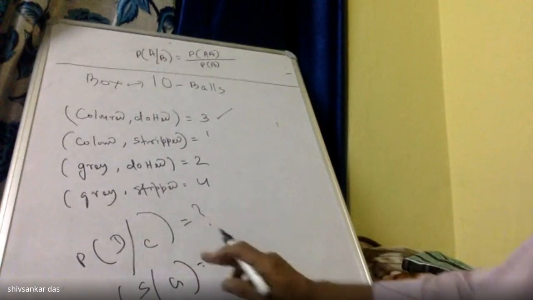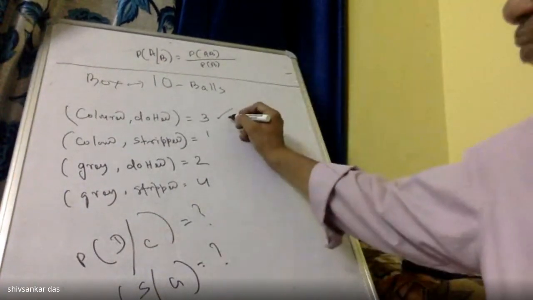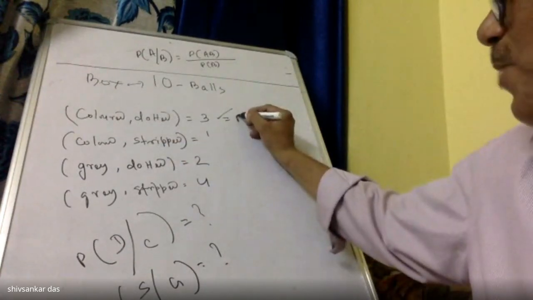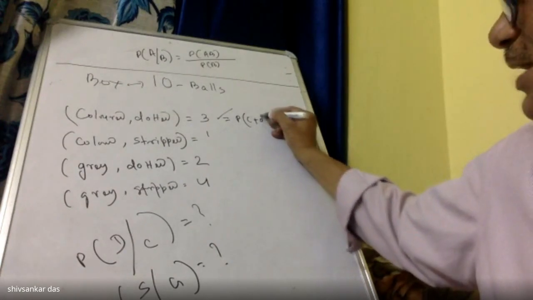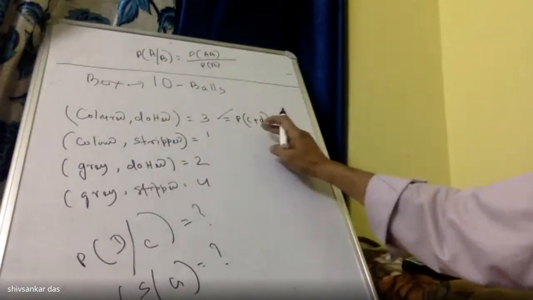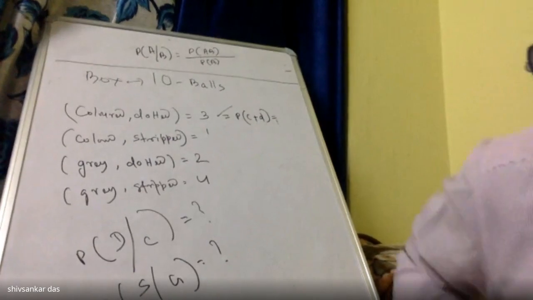What is this, colored and dotted? So probability of colored and dotted is equal to how much? Tell me, who can say?